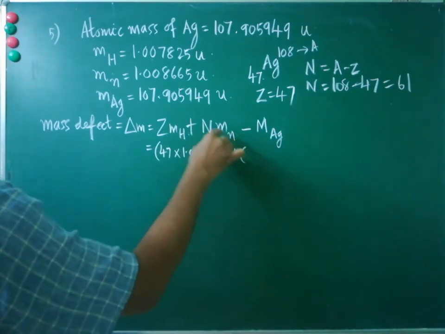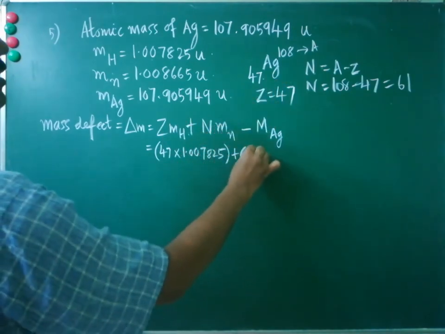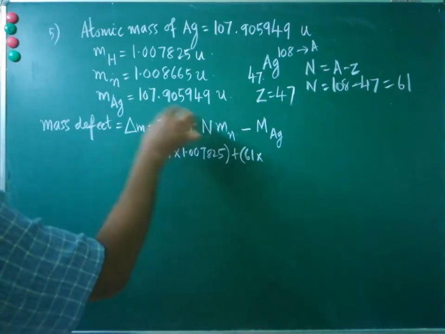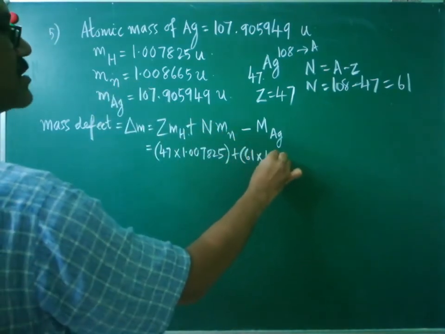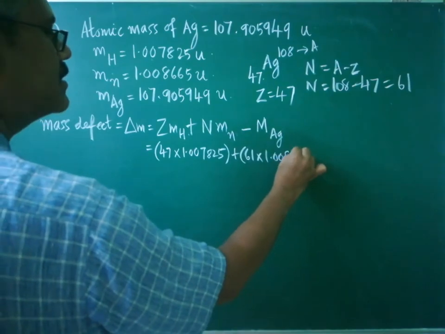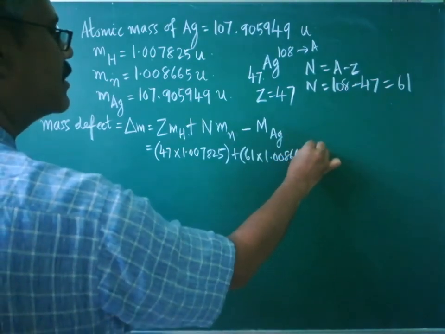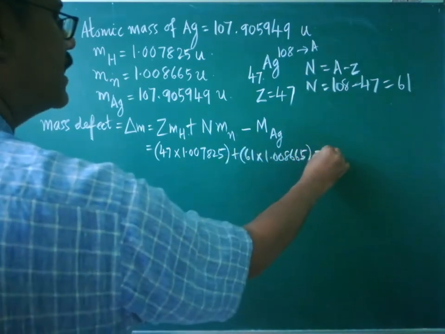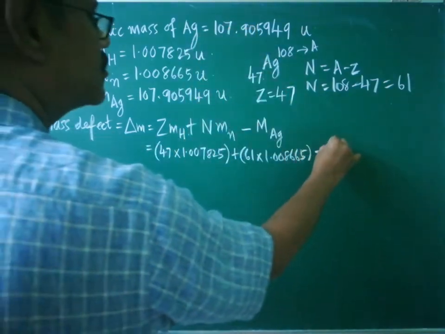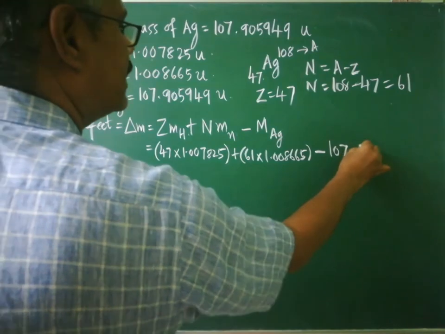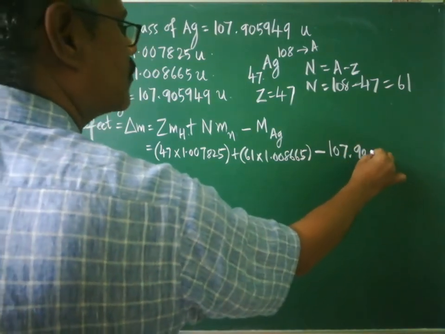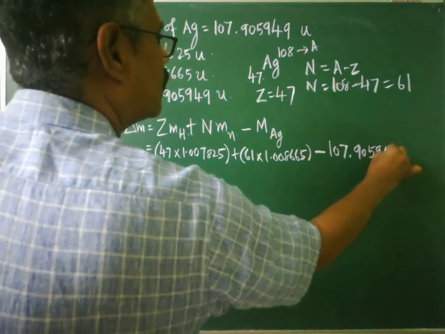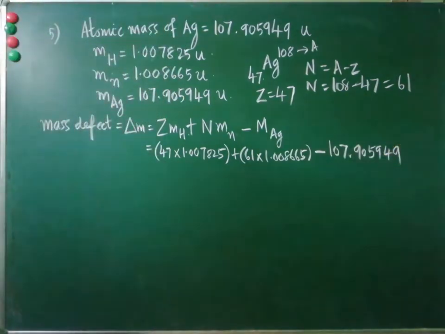And then the number of neutrons is 61, into the mass of a single neutron, which is 1.008665 AMU. This part must be calculated. Minus this value, 107.905949 AMU. Are you clear?